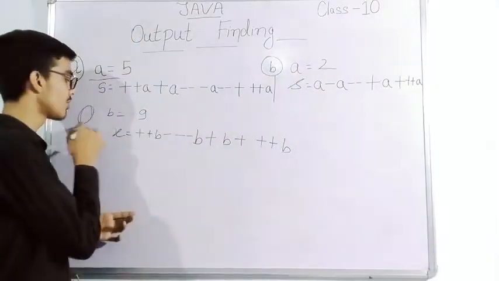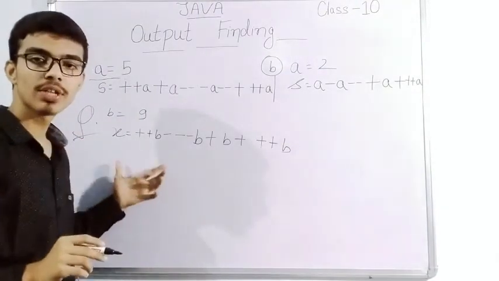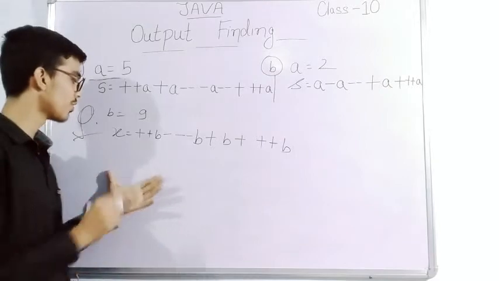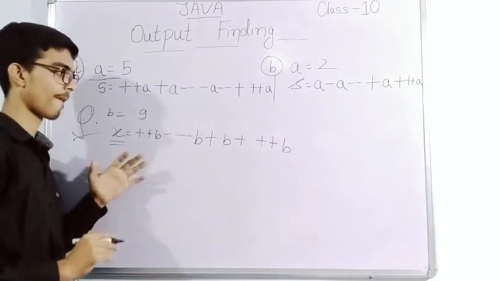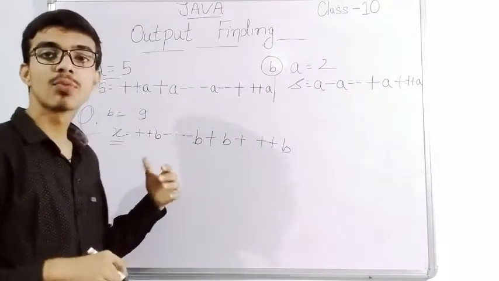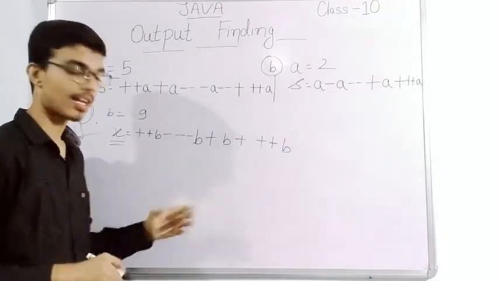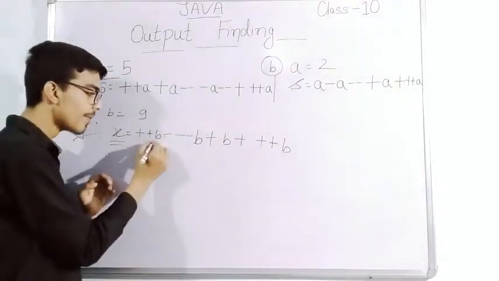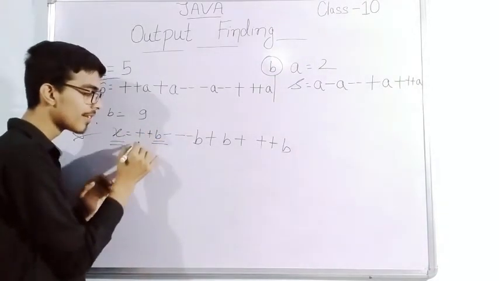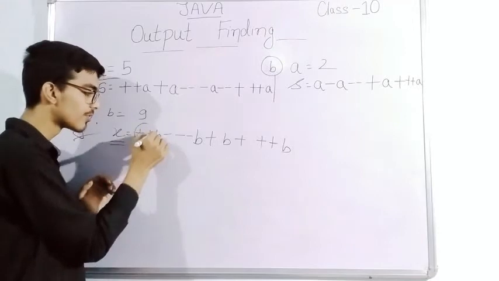Now we have one question here. That b is equal to 9 and we have to find the value of x. For this question, first we have to identify where the operators are. Before this b we can see that there are two plus together, so we'll say this is one operator.